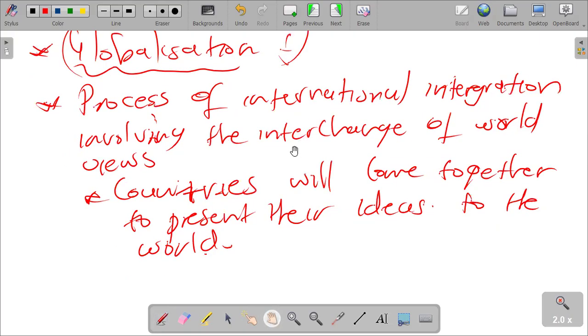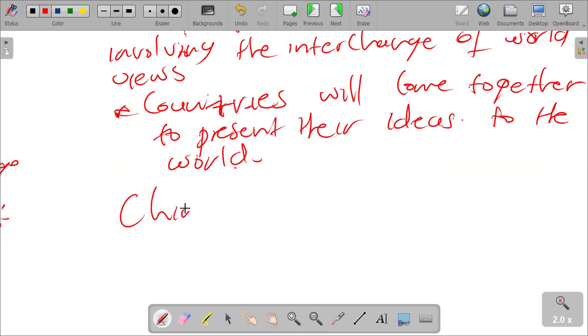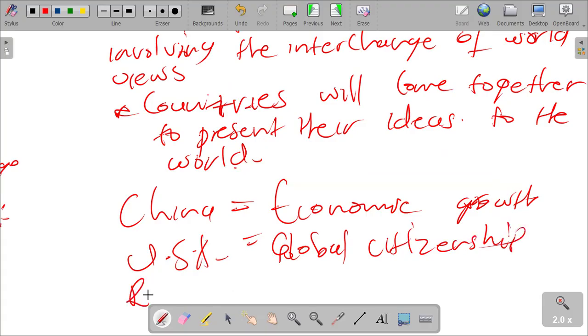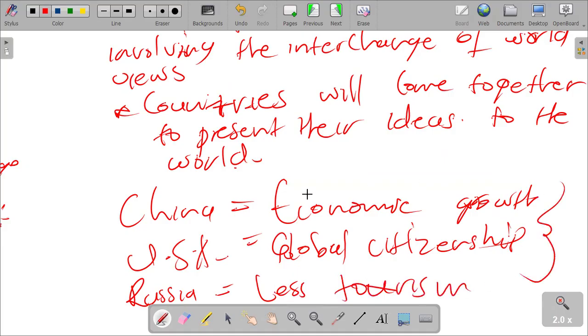So let's say China wants economic growth, and then the USA wants global citizenship, and then Russia will want less tourism, right? So these will be China's worldviews, the USA's worldviews, and Russia's worldviews.